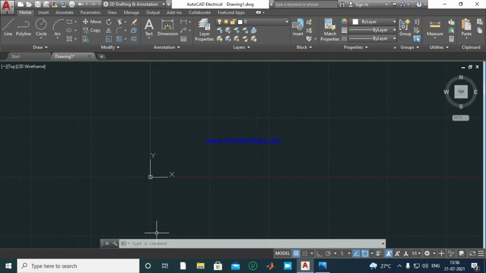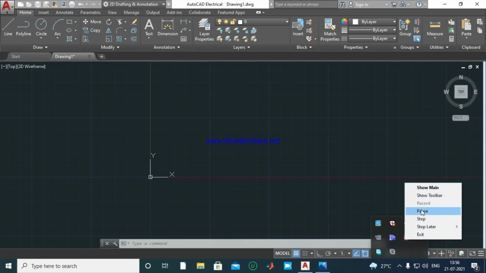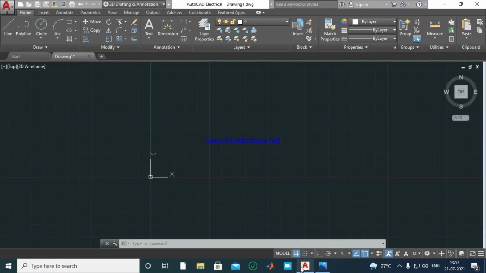Let us draw the object using the absolute coordinate system. By default, the coordinate system used in this software is the absolute coordinate system.